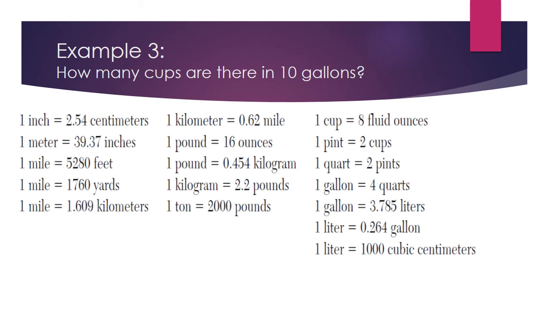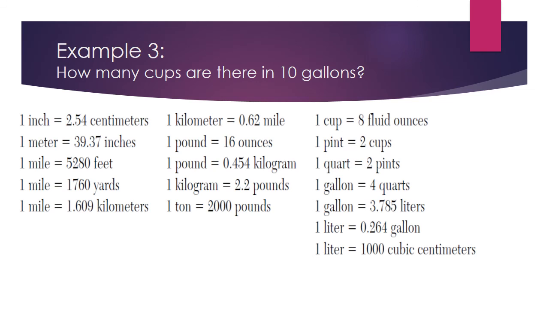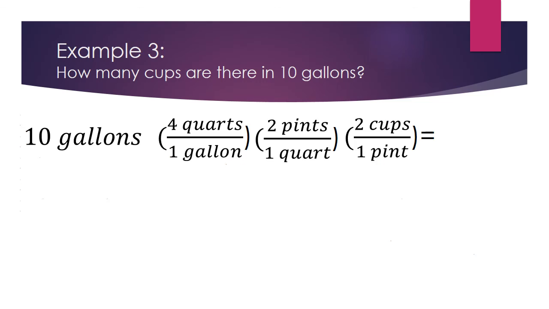The second ratio is going to be 1 quart to pints, and quart has to be at the bottom of the ratio. The third ratio is going to change pint into a cup. And we're done.